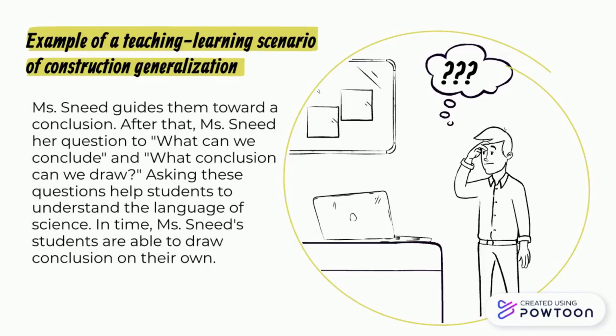Miss Need guides them toward a conclusion. After that, Miss Need switches her question to, "What can we conclude? What conclusion can we draw?" Asking this question helps students understand the language of science. In time, Miss Need's students are able to draw conclusions on their own.